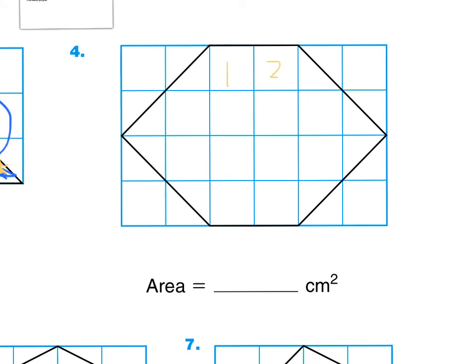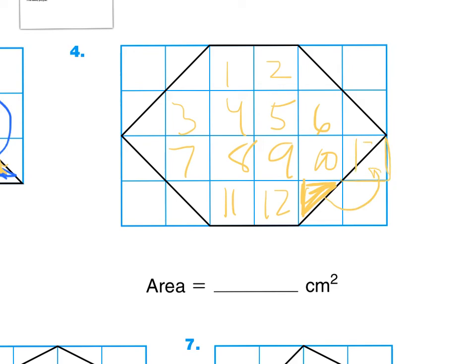Here's 1 whole, 2, 3, 4, 5, 6, 7, 8, 9, 10, 11, 12. Now we're going to start sharing. I'm going to take this guy. It's a half. I'm going to put him over here to make this a whole, make it 13. I'm going to take this one, wrap it up there to make that a whole, 14.